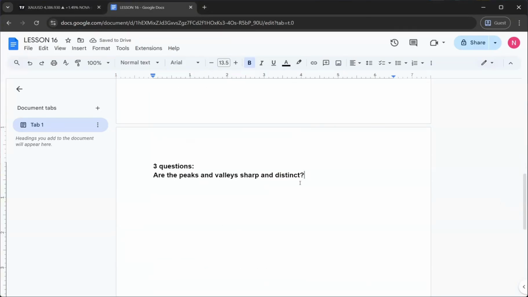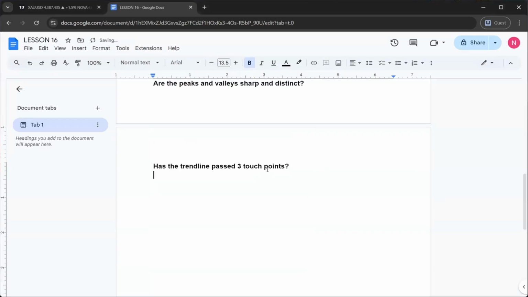Are the peaks and valleys sharp and distinct? The first question. And next one, has the trend line passed 3 touch points or not? All right. And the last one, are the two boundary lines converging or parallel?